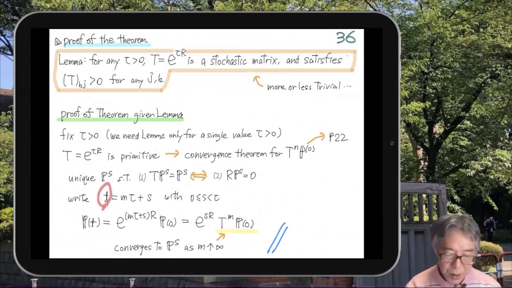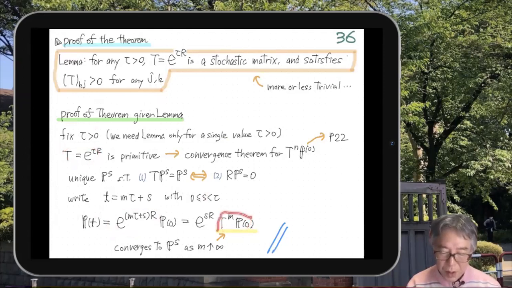For any positive T, write it in this way: m times tau, where m is a positive integer, and some s, which is between 0 and tau. Then P of T is written in this way, but this can be written by using this T like this.